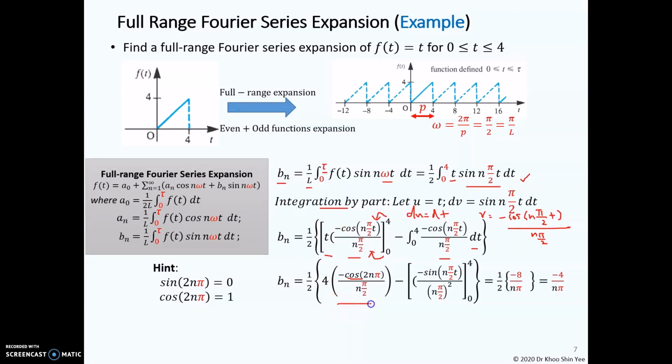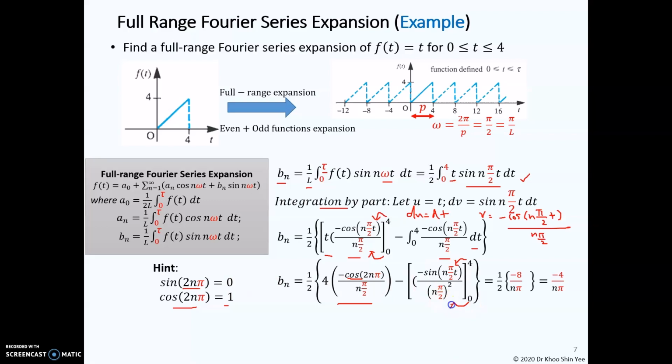Then you should obtain this answer, and cos 2 pi n we know is equal to 1, so substitute inside, you obtain negative 1 over n pi over 2. Integrate the negative cos here, you obtain negative sine, and you need to divide with the coefficient inside. So this coefficient is same with this coefficient, therefore you obtain n pi over 2 squared. Substitute t equal to 4 inside, you obtain negative sine 2 pi n, which is equal to 0.